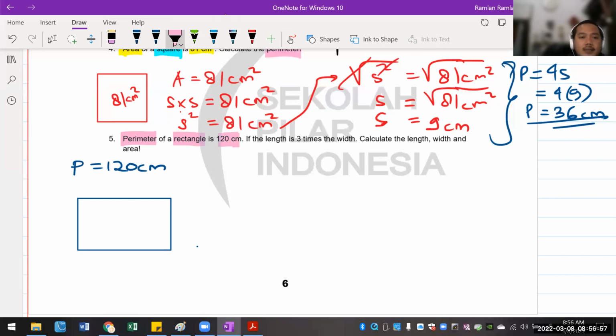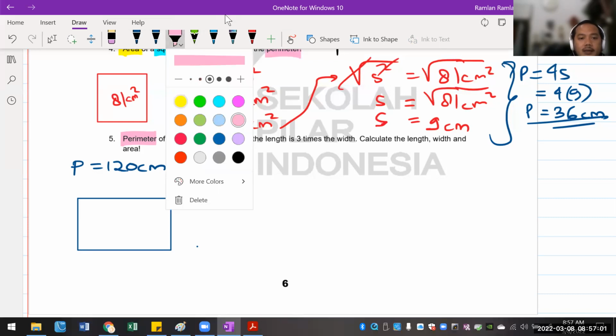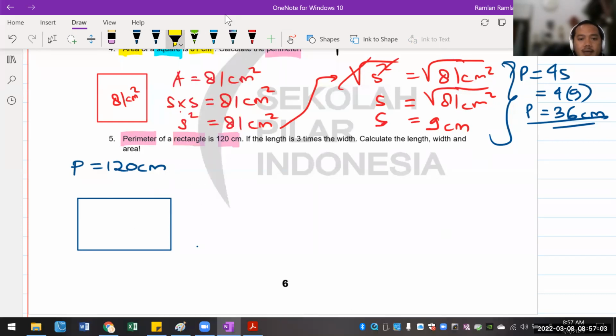Okay, the second sentence. If the length is 3 times the width. The length, so I'm gonna write down what is the length. This is the length and this is the width. The length is 3 times the width. Calculate the length, the width, and the area. So I can write an equation actually.